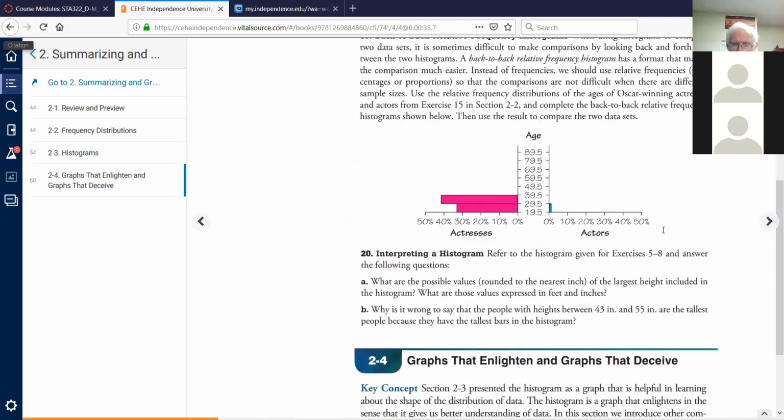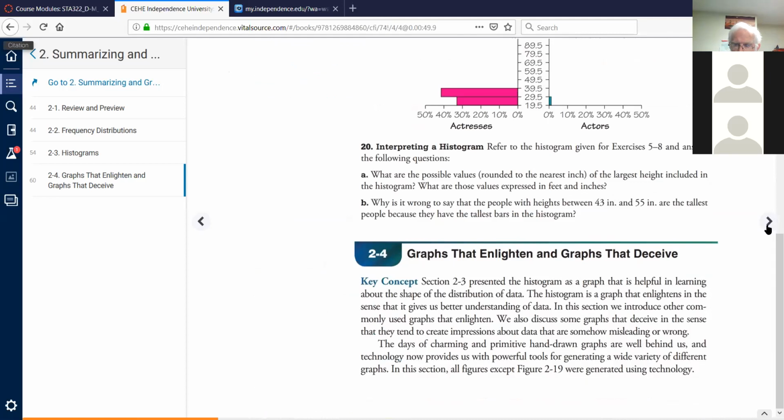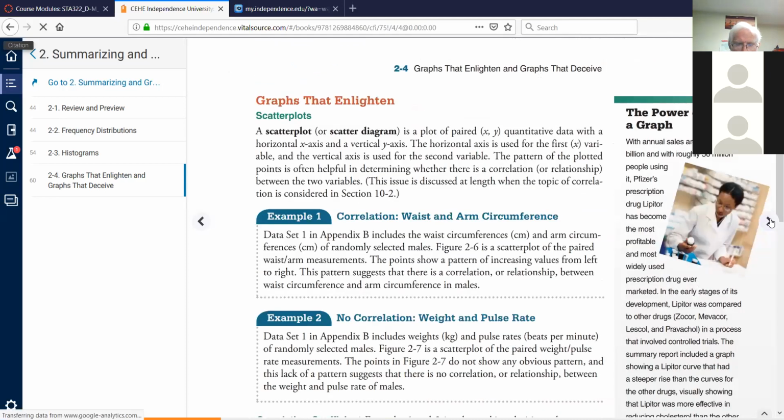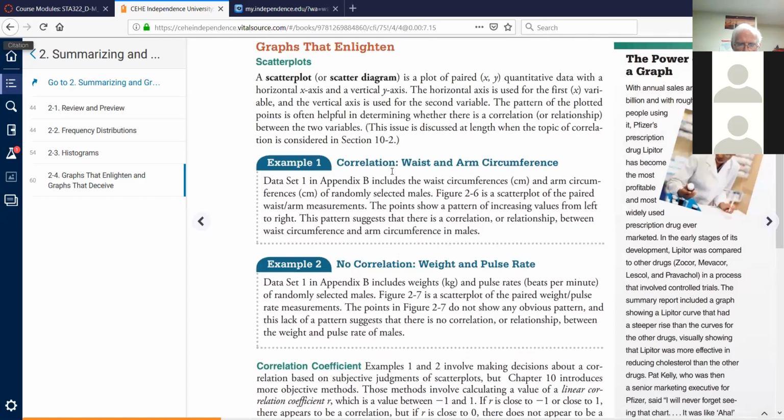We can look at ages. We can do a lot of different things. Let's look at graphs that enlighten and graphs that can deceive. There's some material that is part of this text that we're not going to use, but we look at arm circumference and waist circumference.